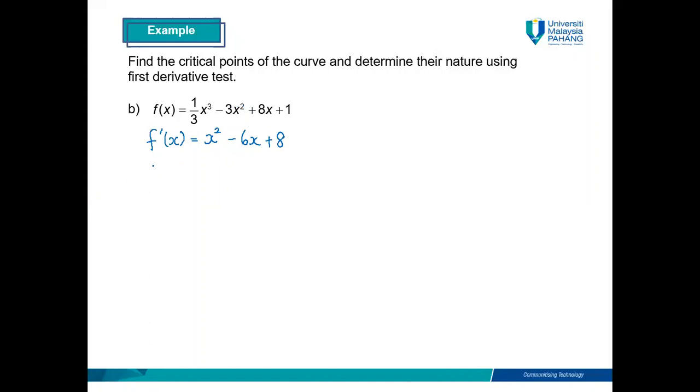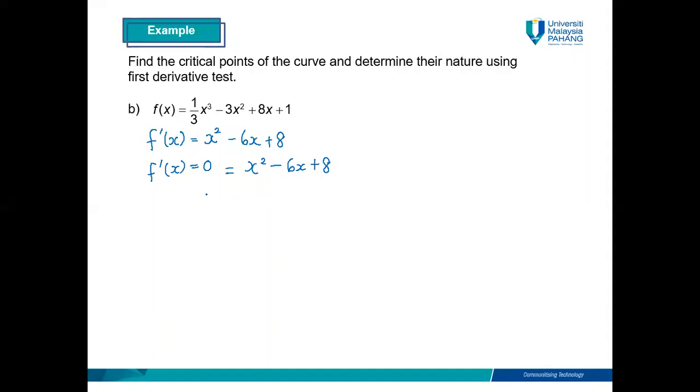Alright, so we want to find the critical values. Critical points occur where f prime x is equal to 0. So x squared minus 6x plus 8 equals 0.